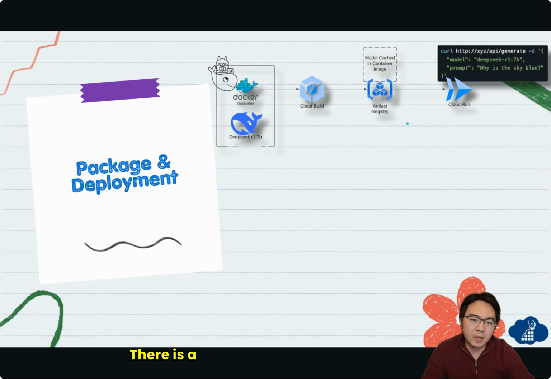There is an interesting thing here, as you can see, I've mentioned the DeepSeek model is cached in the container image. So what this means is when you build it, you can download the whole DeepSeek model, which is about 5 gigabytes, and then you put that whole thing in the image, because when you run Ollama, you don't actually have any model, so it's very lightweight.